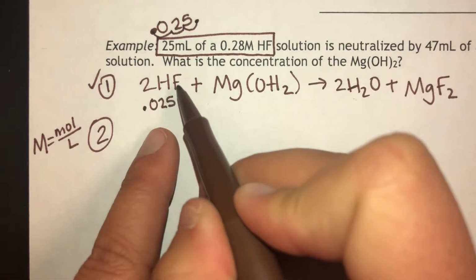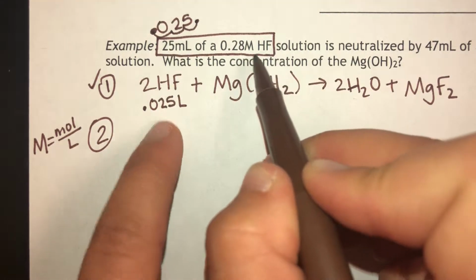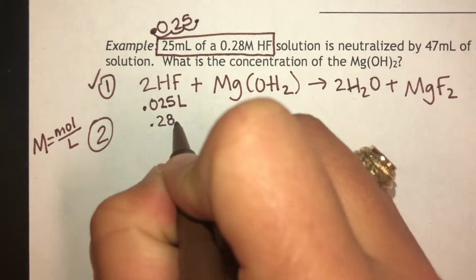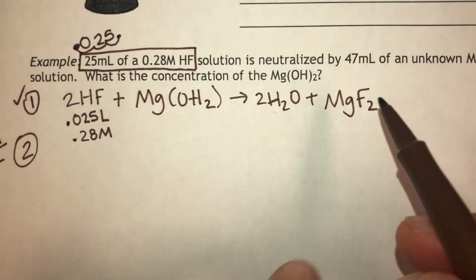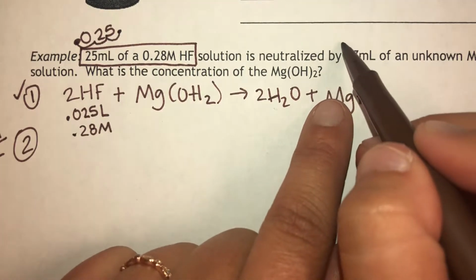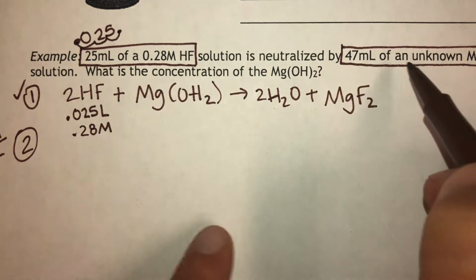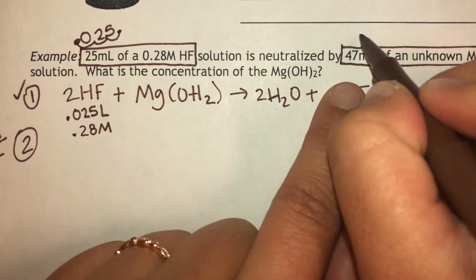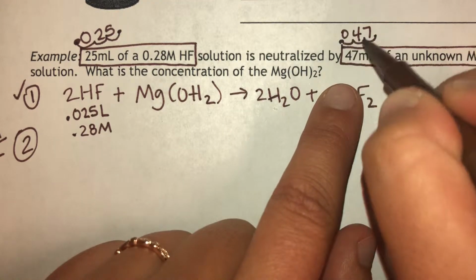And I'm going to write that under HF because it's connected to HF. I'm also going to write 0.28 molarity under HF because it's also with HF. And then if we look over at the rest of our problem, we see that 47 milliliters is connected to MgOH2. That also cannot be in milliliters, so we're going to convert it to liters as well by moving the decimal point 3 places.